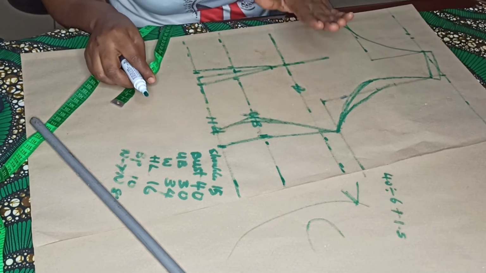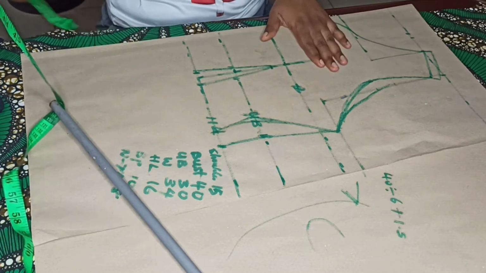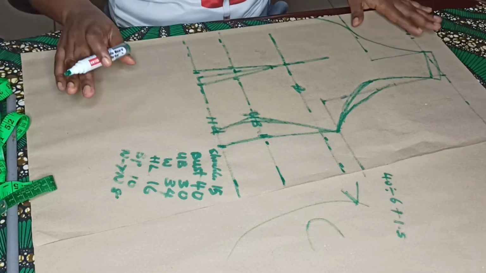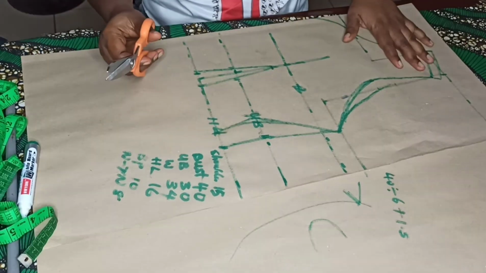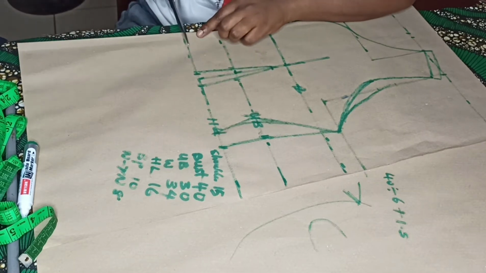So guys, this is for the front bodice. Now we are going to move over to the back bodice. What we're going to do is to cut out our front bodice.